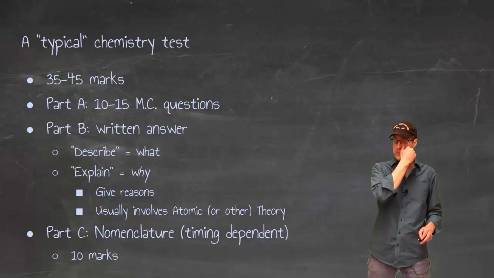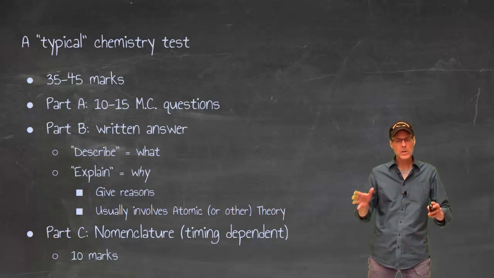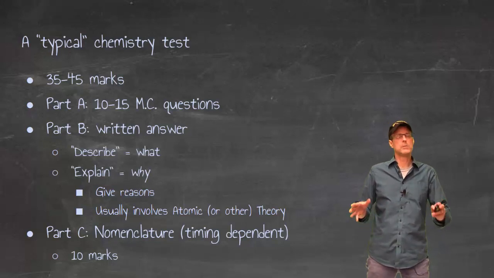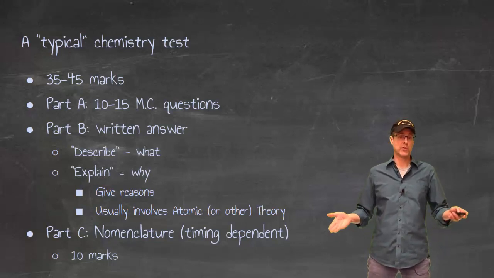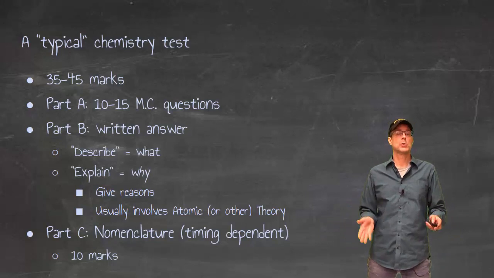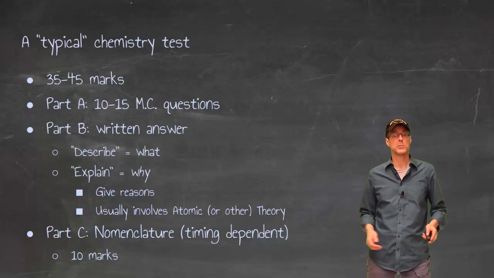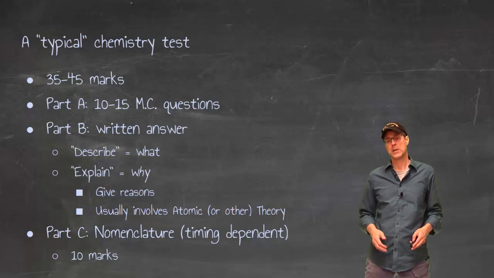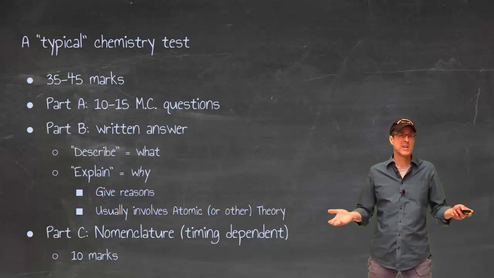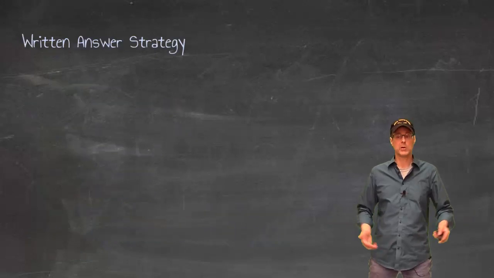If you do the math, the whole test is worth about 40 marks and the nomenclature is worth 10 of those marks, so it's pretty important to be able to do nomenclature well, because that makes up about 25%, give or take, of the test. So you want to know your nomenclature. It's not easy marks, but it should be marks that you don't have to work super hard to get.